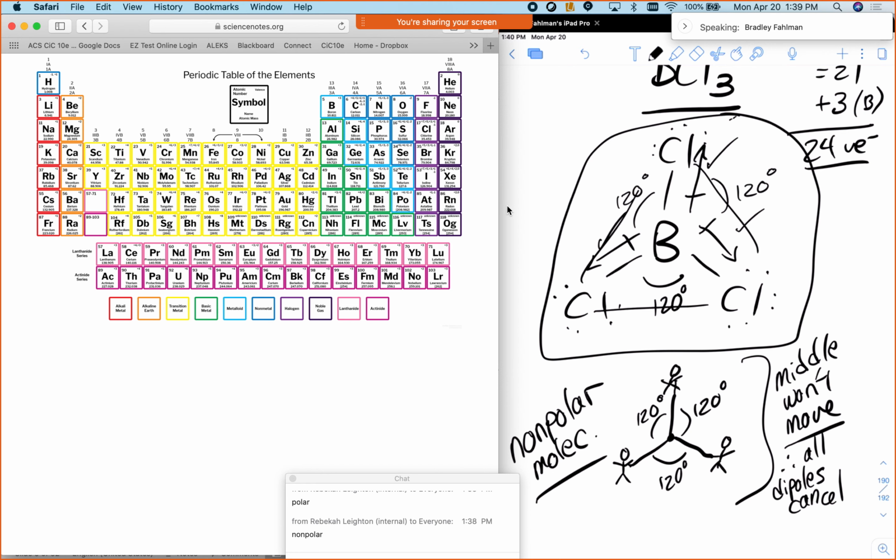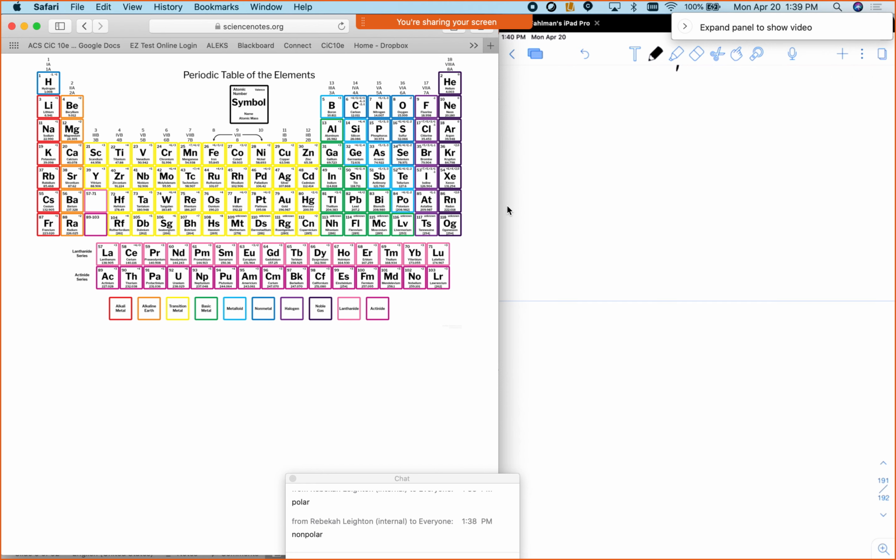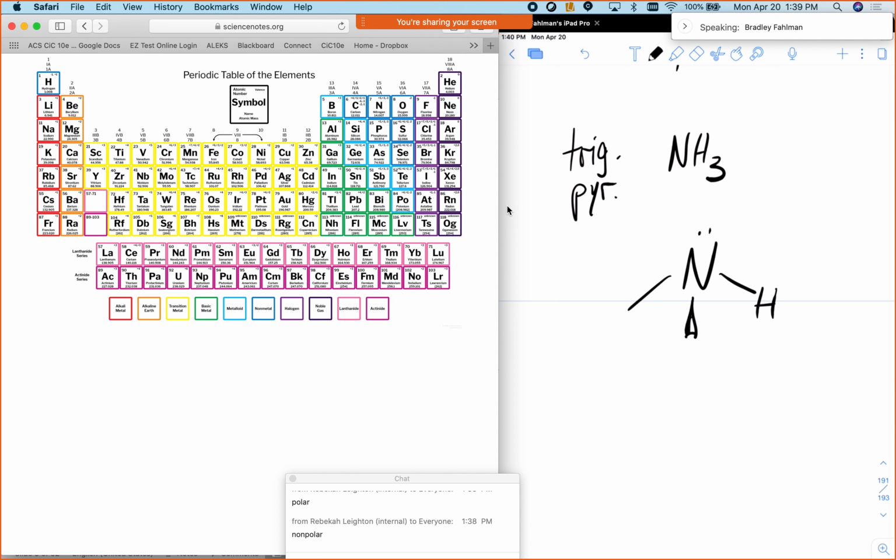All right, now what about a trigonal pyramidal like ammonia, not one that looks like this. Let me do it like this, where this one is coming out at you.